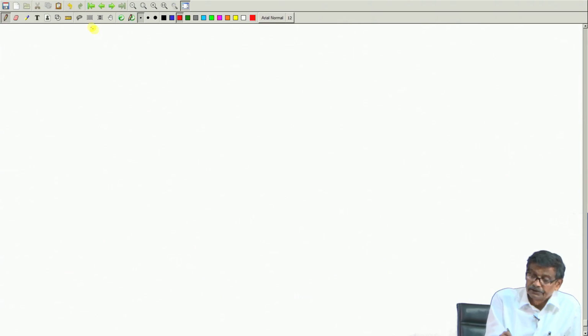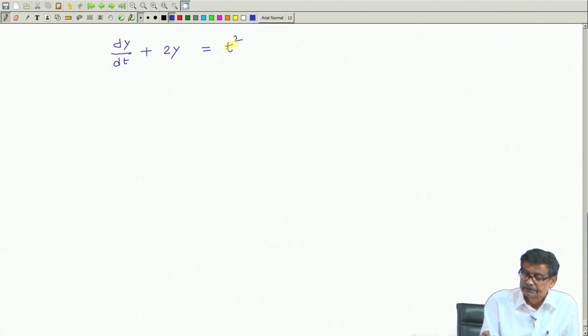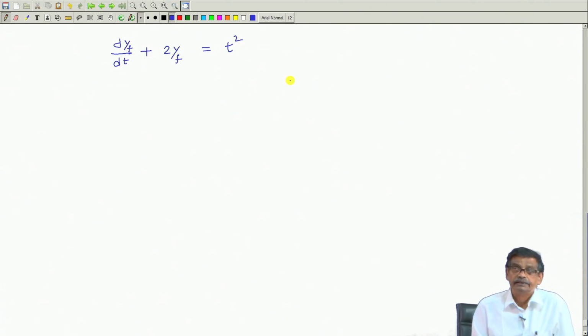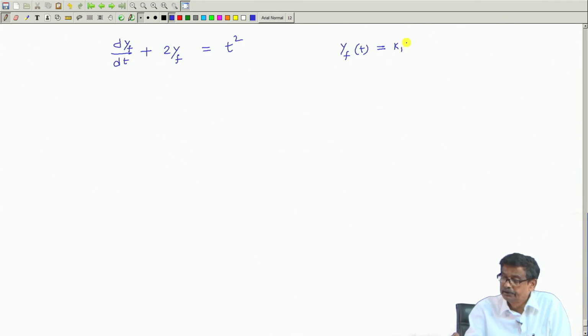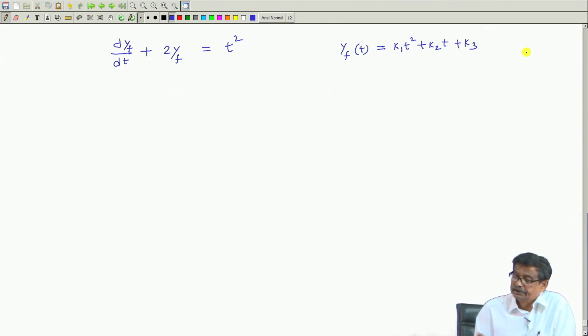The differential equation was dy/dt plus 2y equal to t square in this case. Forcing function will alone satisfy this. Therefore, y_f(t), we have seen that its nature has to be k1 t square plus k2 t plus k3, only 3 terms.